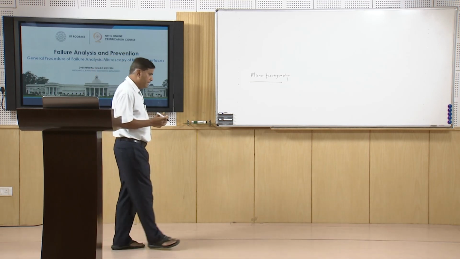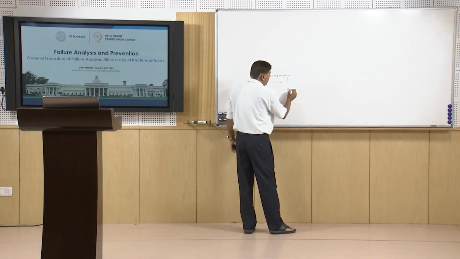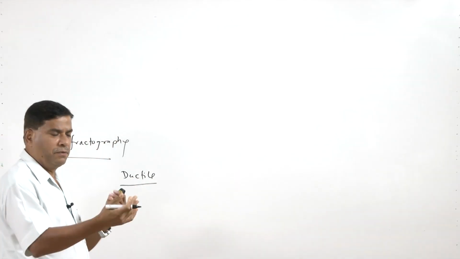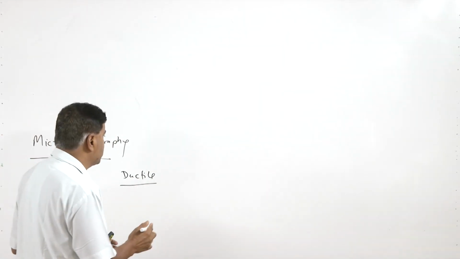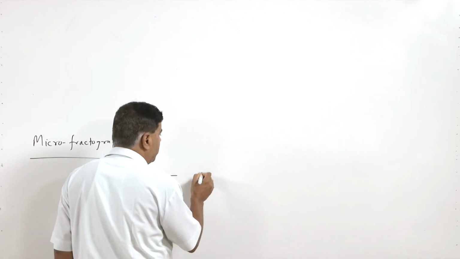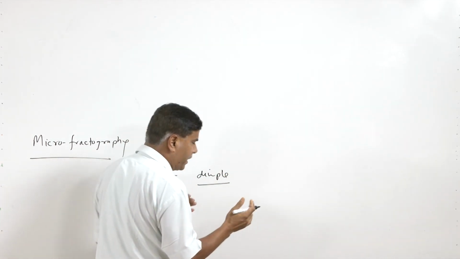The second one is that it also helps us to understand and classify the fracture in a better way. We have the ductile fracture, where significant plastic deformation prior to the fracture takes place. Such a fracture frequently occurs with the formation of dimples on the fracture surface.